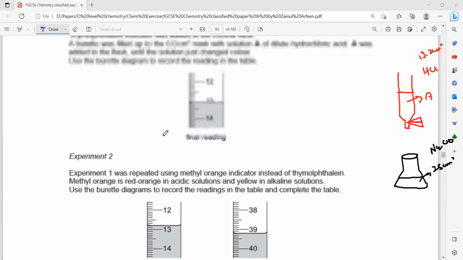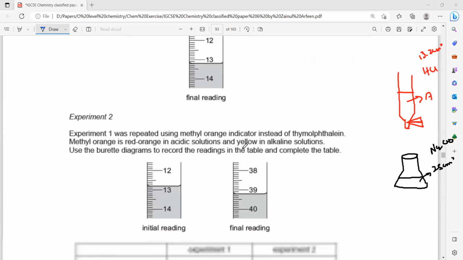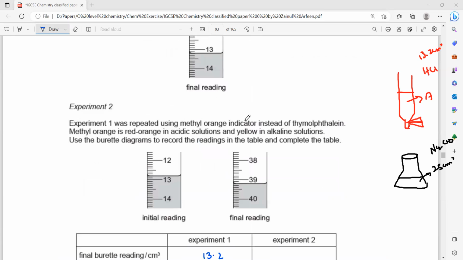Then the experiment was repeated. Experiment 1 was repeated using methyl orange instead, so we changed the type of indicator. We did not change anything else. Methyl orange is red or orange in acidic solution, and yellow in alkaline solution.